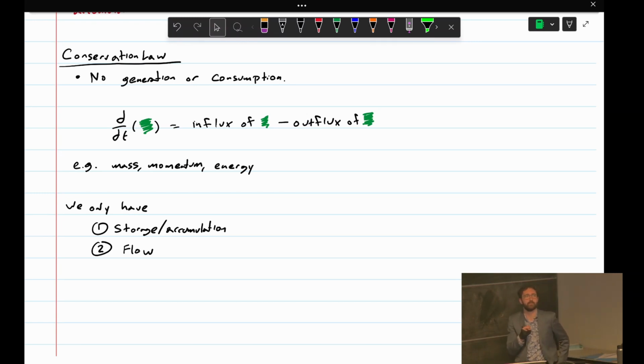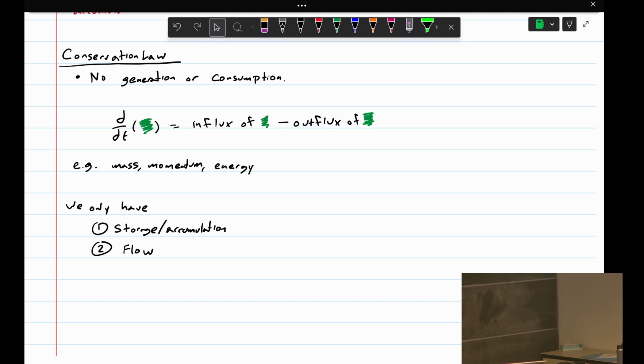I have a question for you guys. Under what condition would the storage or accumulation be 0? Okay, yeah. Steady state. So if we have a steady state condition, the d by dt will be 0. Therefore our influx equals outflux.